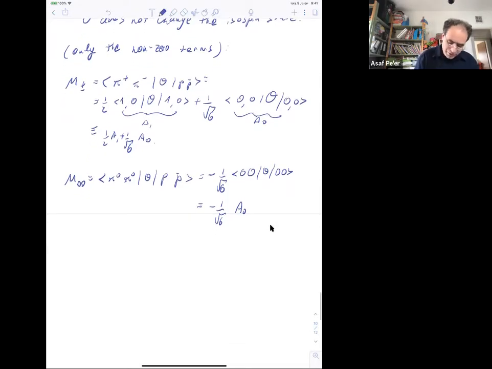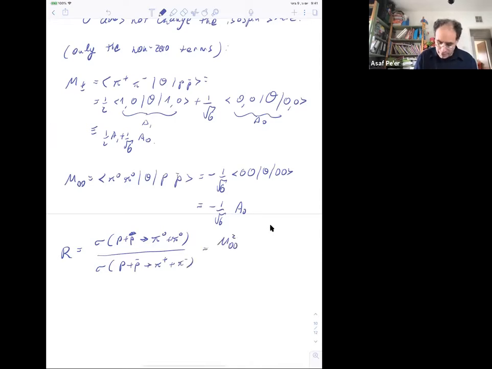So the ratio of the cross section of P anti-P going into pi 0 pi 0, divided by the cross section of P anti-P going into pi plus pi minus, is M00 squared divided by M plus-minus squared. That is 1 over 6 A0 squared, divided by 1/2 A1 plus 1 over square root of 6 A0, squared.